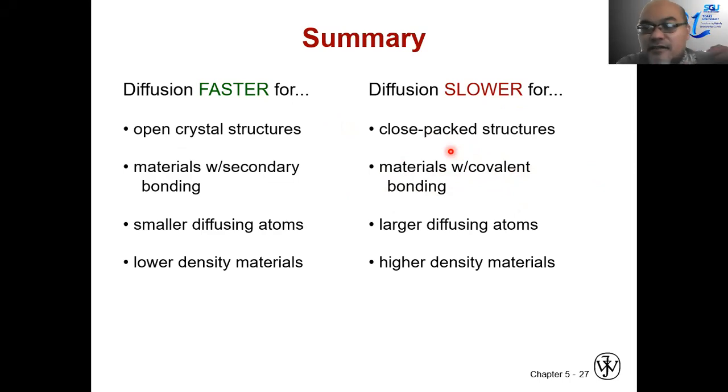Also, it is slower when the impurity or diffusing atom is larger. In higher density materials it is also slower, because the material is very packed, with only small space between atoms, and they are already in the most stable state of the structure. So it is not easy for other things to diffuse, and even self-diffusion is not that easy.